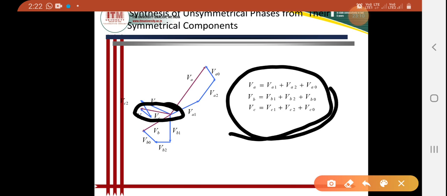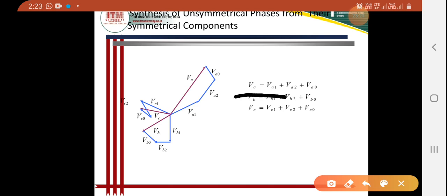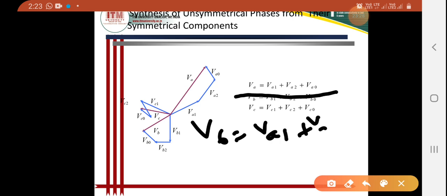Here I have drawn the original unbalanced phasors, and they are the sum of their symmetrical components. So VA will be VA1 plus VA2 plus VA0.